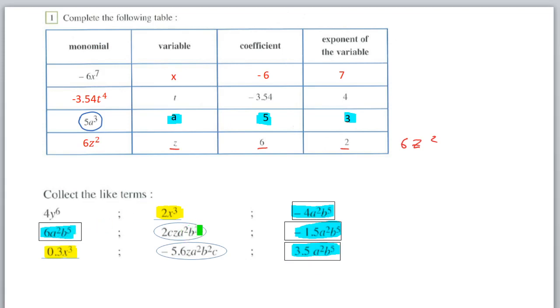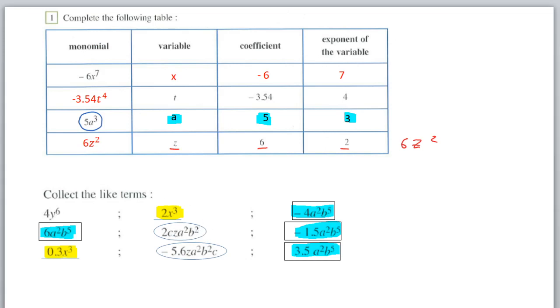So we still have this 2cz a squared b squared. Look at the variables here. Z, a squared, b squared, c. C is here. B squared, a squared, and z. Okay? But what's the difference here? Yeah, there is no difference. Why? Since you are multiplying all those together, so it's okay if you write c at the beginning or at the end.